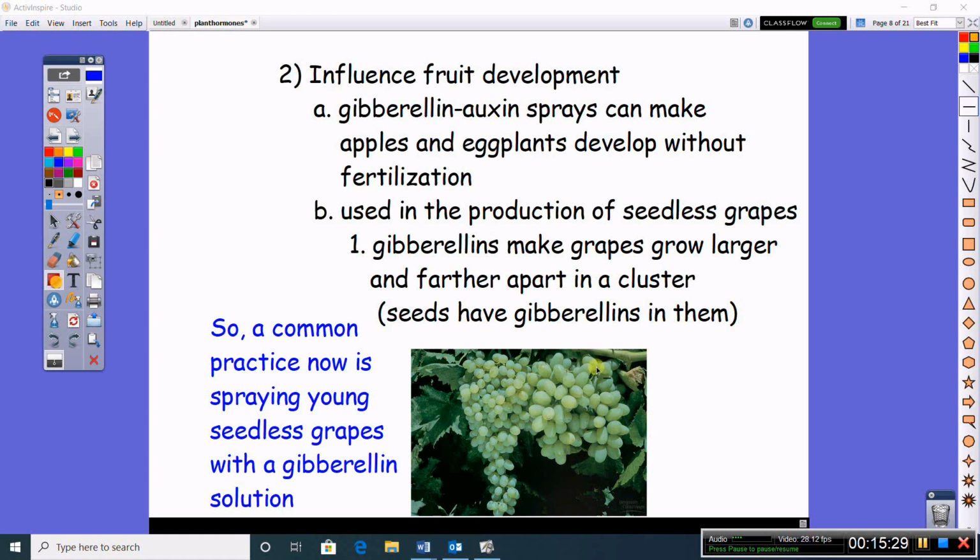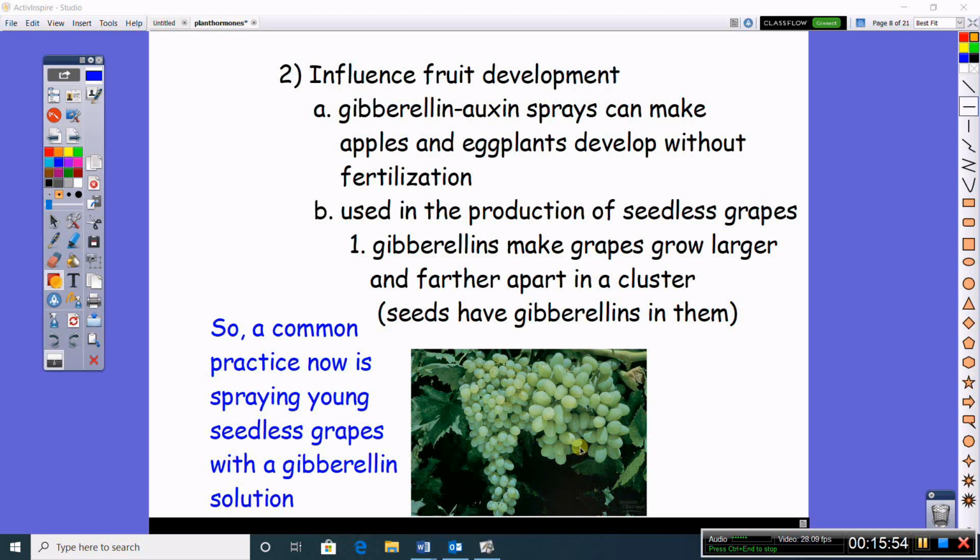Okay, so this is the kind of grapes we're used to seeing. Okay, and this would be how small they would be if we did not use a gibberellin spray and they were seedless. So think of this kind of like seedless, untouched grapes. That's the way they would look. These would be seedless grapes sprayed with gibberellins.